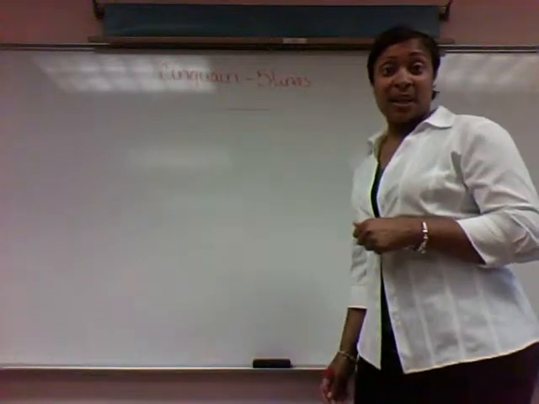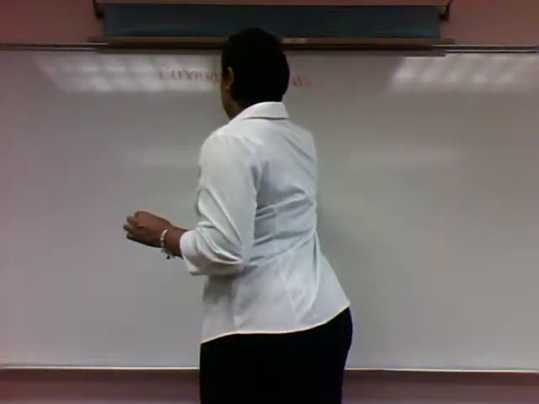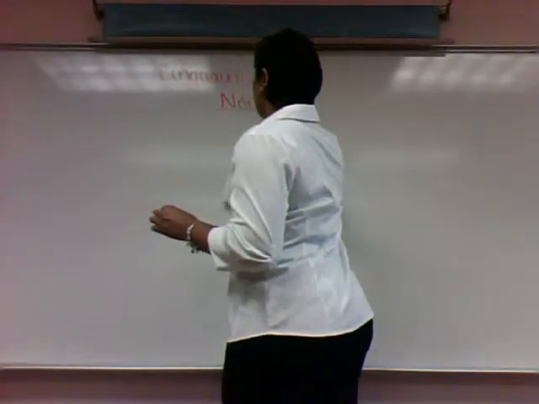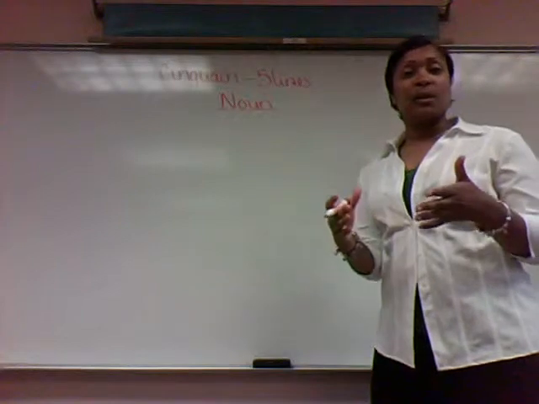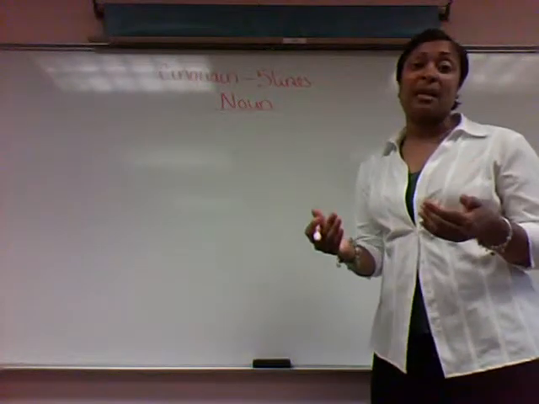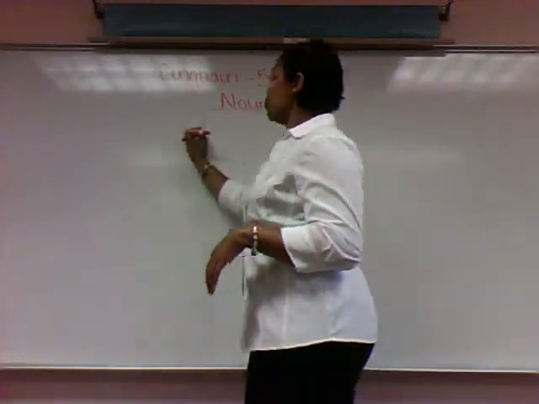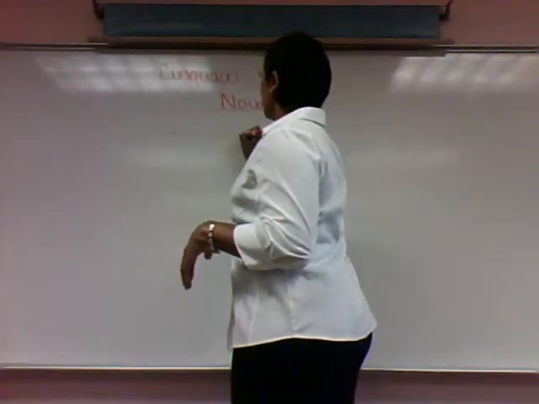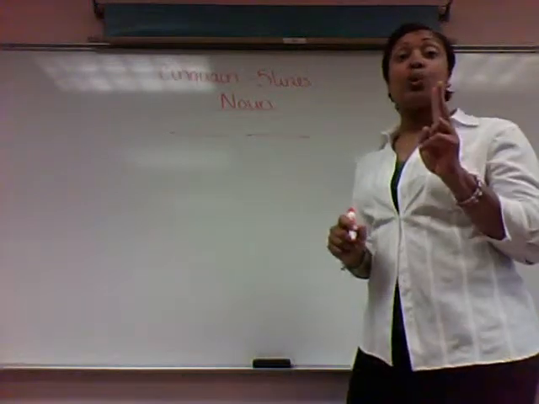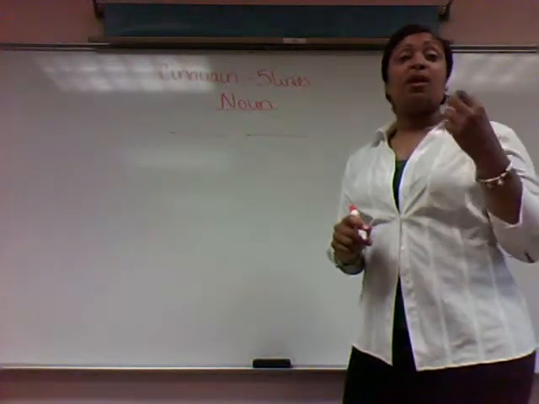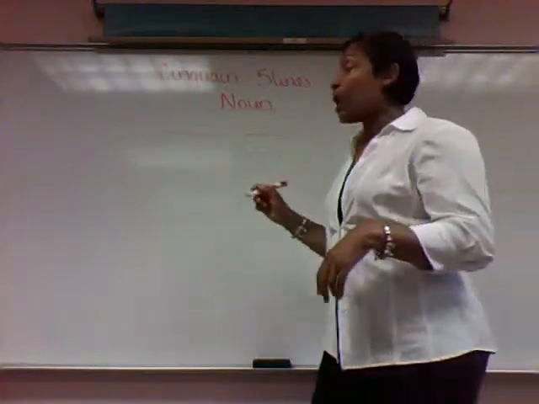Line 1 is a noun. It is a noun, a person, place, thing, or idea. Line 2 consists of 2 words, adjectives that describe line 1.